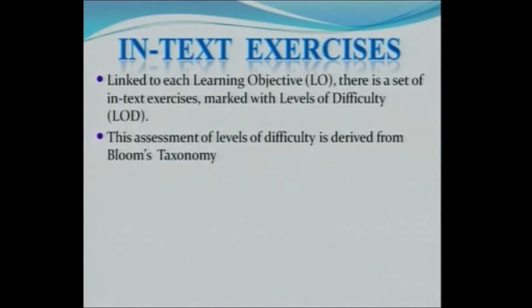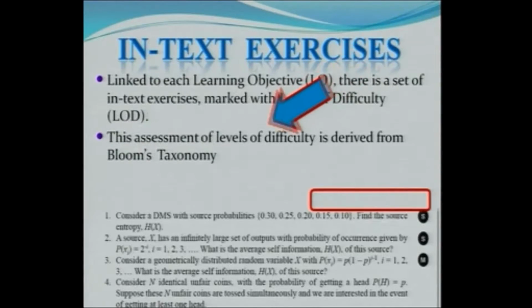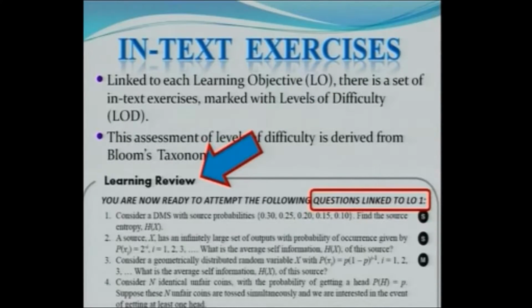In-text exercises. As we have mentioned before, linked to each learning objective, there is a set of in-text exercises marked with levels of difficulty as per the Bloom's taxonomy. So, here is a sample of a learning review. As you can see, questions are linked to certain learning objectives.